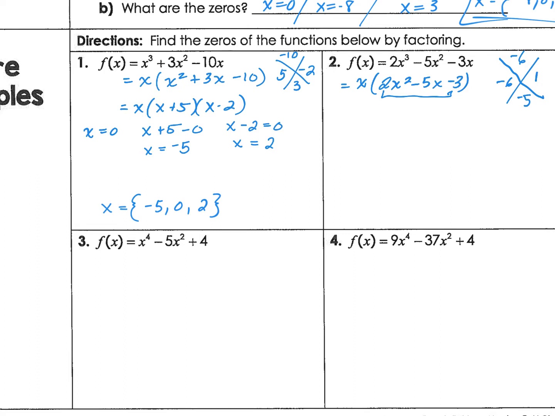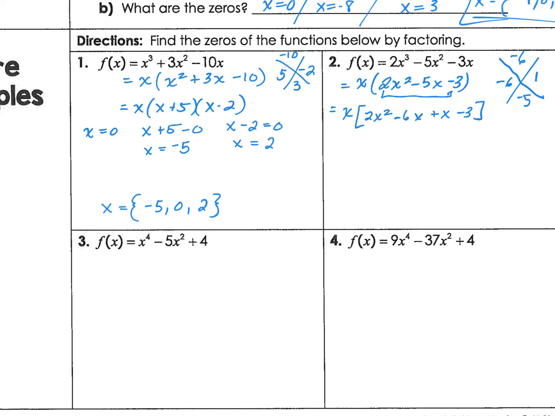All right, so now we've got to do this by parts. So now we have 2x squared minus 6x plus x minus 3, don't we? Does everybody understand why I'm doing it this way? We factor by grouping when we have a number in front of the squared term, don't we?